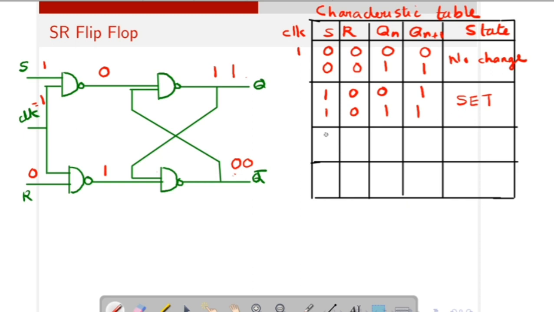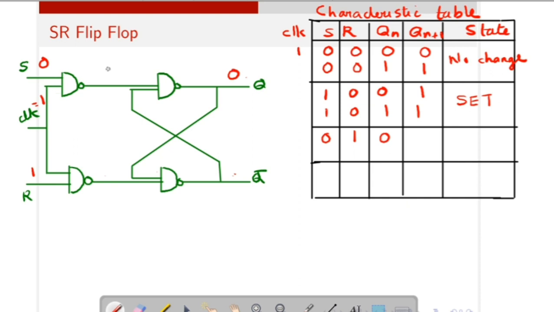Okay, next we take 0 1 and present state is 0. S is equal to 0 and R is equal to 1. Then Qn is equal to 0.